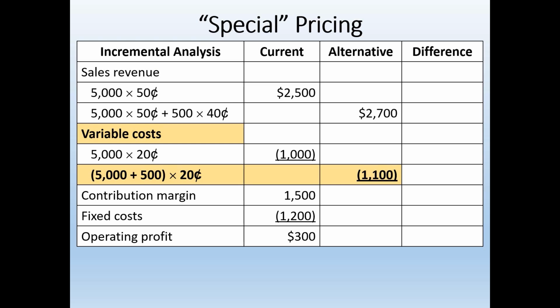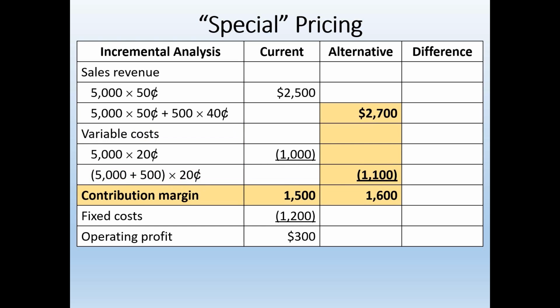Variable costs are not affected by giving a special price, so the firm would have 20 cents of variable costs for both the 5,000 regular prints and the 500 special prints.